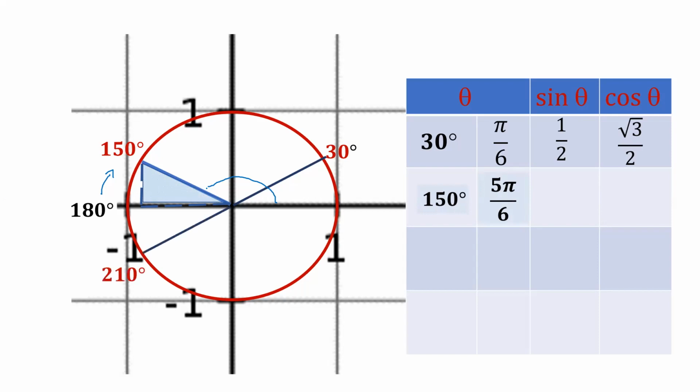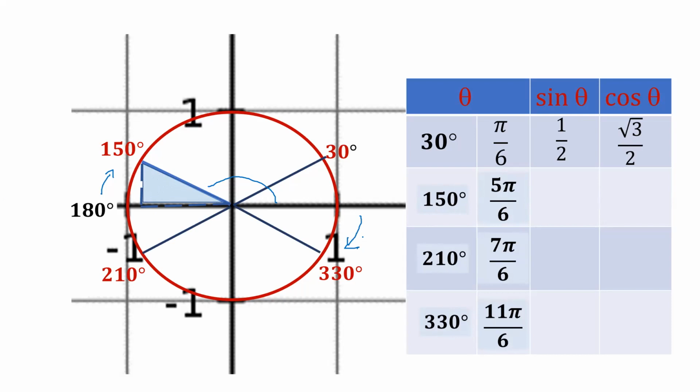You can verify that this will be 210 degrees, and 7 pi over 6 is the equivalent in radians. Then here, that will be 360, going clockwise, 360 minus 30 will be 330 degrees. Or 2 pi minus pi over 6, that's 11 pi over 6.